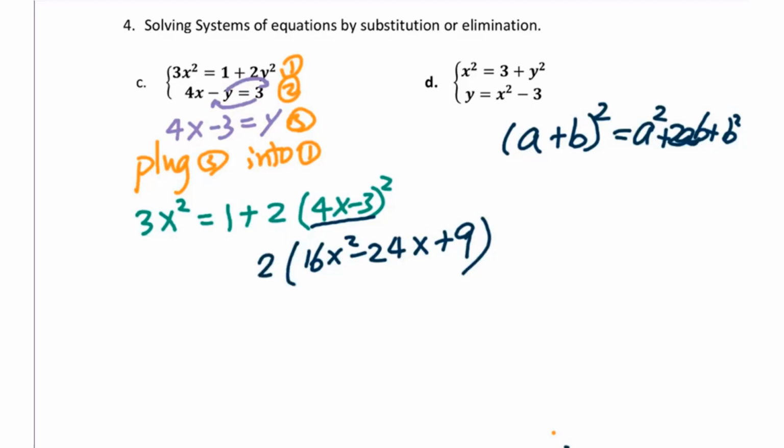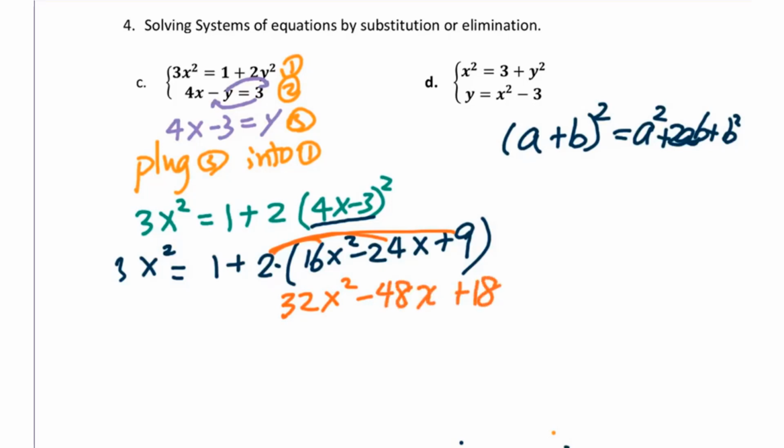Then you got to do the distributive property, 1 plus 2 times this one. This one is 3x squared. We do the distributive property now. You got 32x squared minus 48x plus 18.